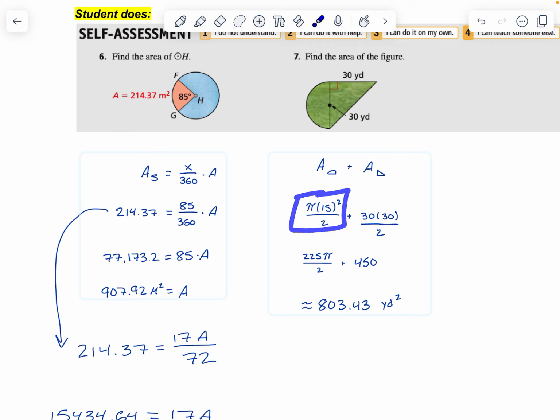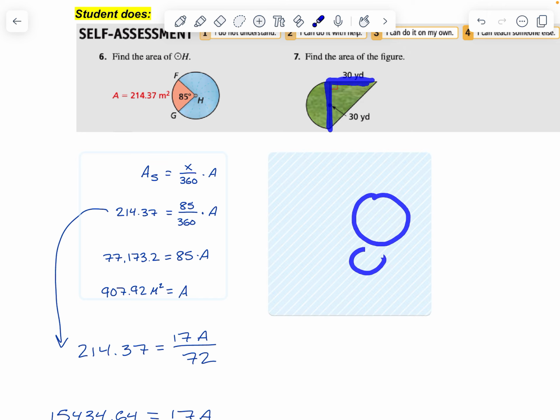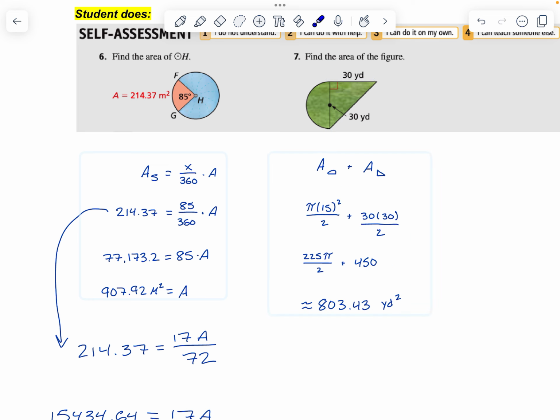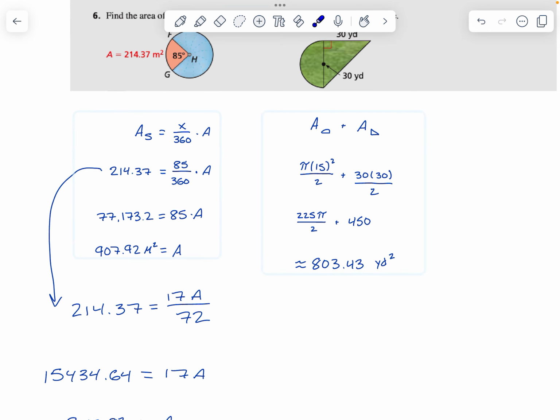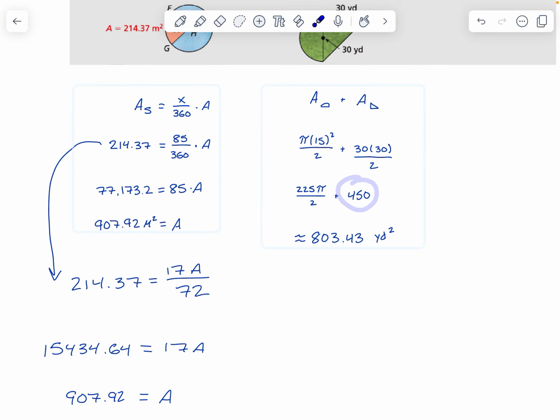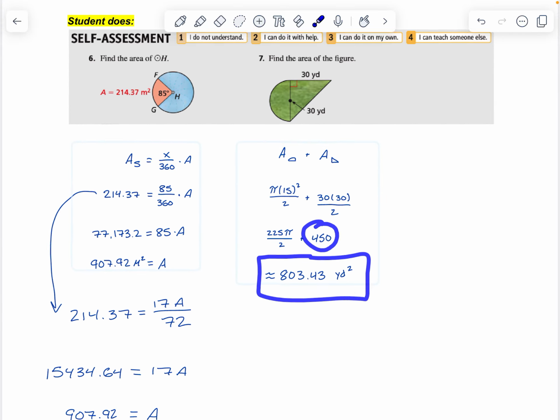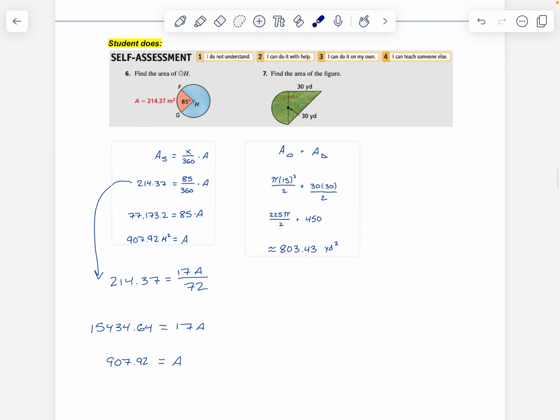Pi r squared divided by 2 plus the area of this triangle, which is a 30 by 30 triangle. So 30 times 30 divided by 2 gets me 450. Oh my gosh, I'm losing it. 15 squared is 225. 225 pi divided by 2 plus 450 would get me 803.43.